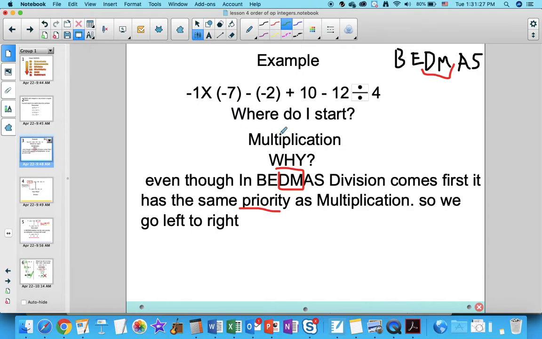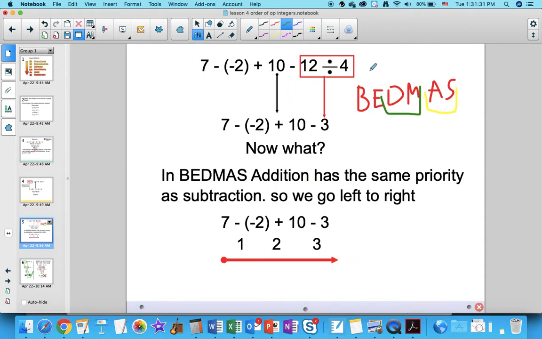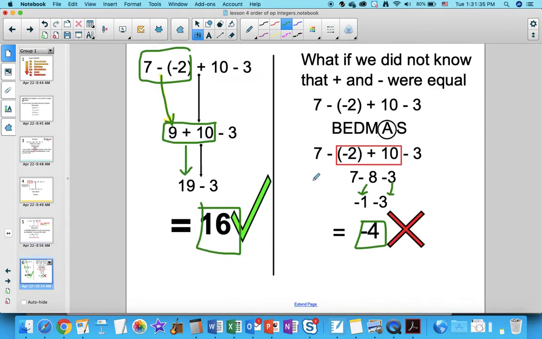So if you were to start here when you did your addition and subtraction, if you were to start with the addition, you would have gotten the wrong number. So you need to know that if you have division or multiply in the same question, you can do division or multiply in any order. Now, typically you want to go left to right.